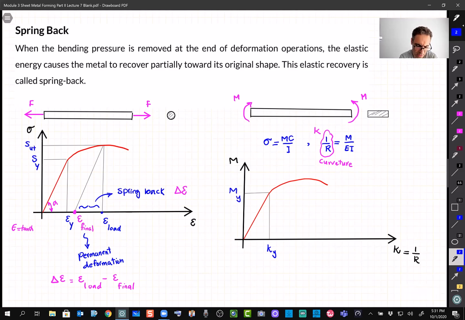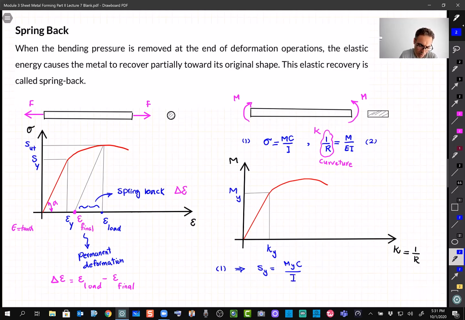Can we calculate this Ky or My? Yeah, let's try. This is the only tools that we have, right? We have formula 1 and formula 2. Let's see if we can use these two formulas to calculate Ky. I know that at this My, the stress gets to Sy. So if I use formula 1, we know that Sy is going to be My C divided by I, right?